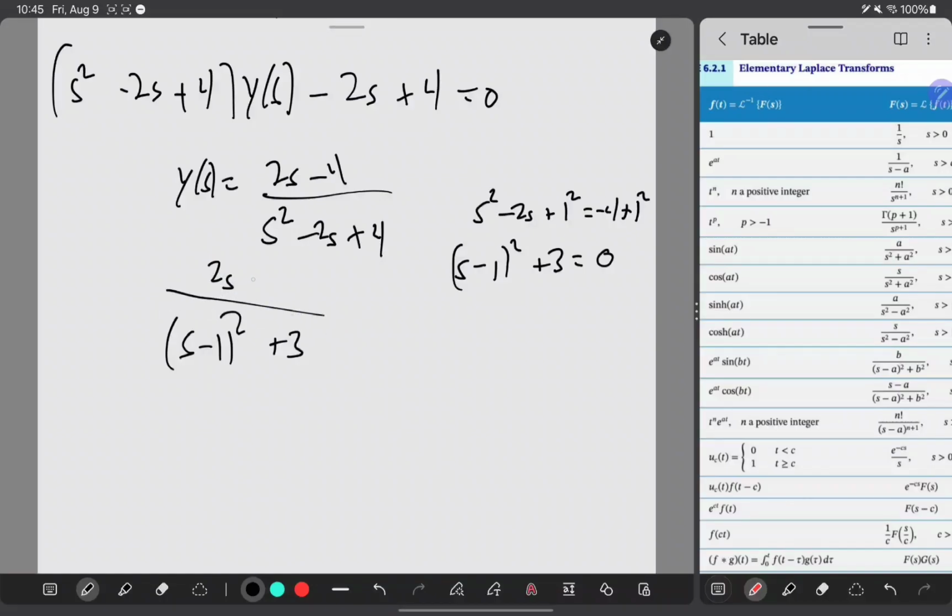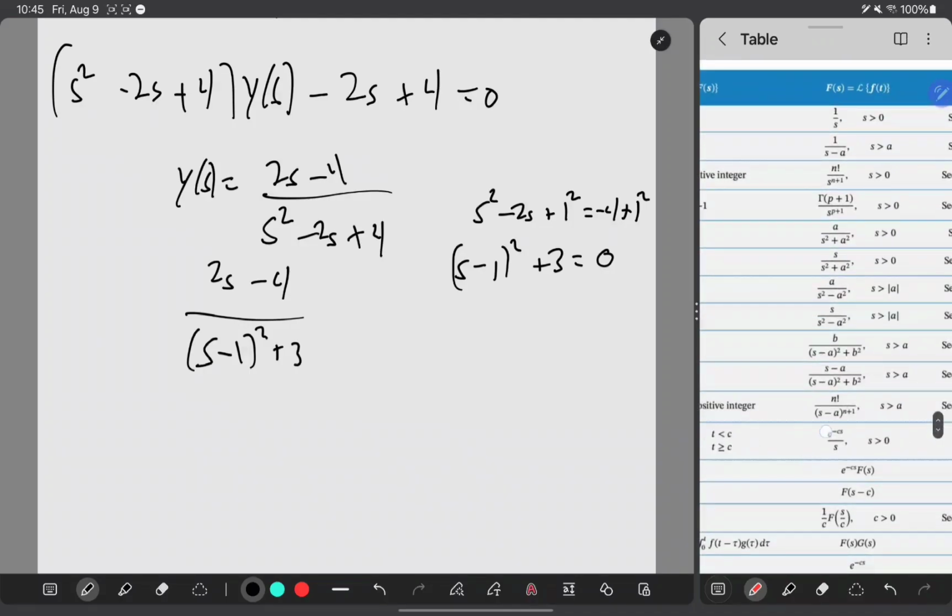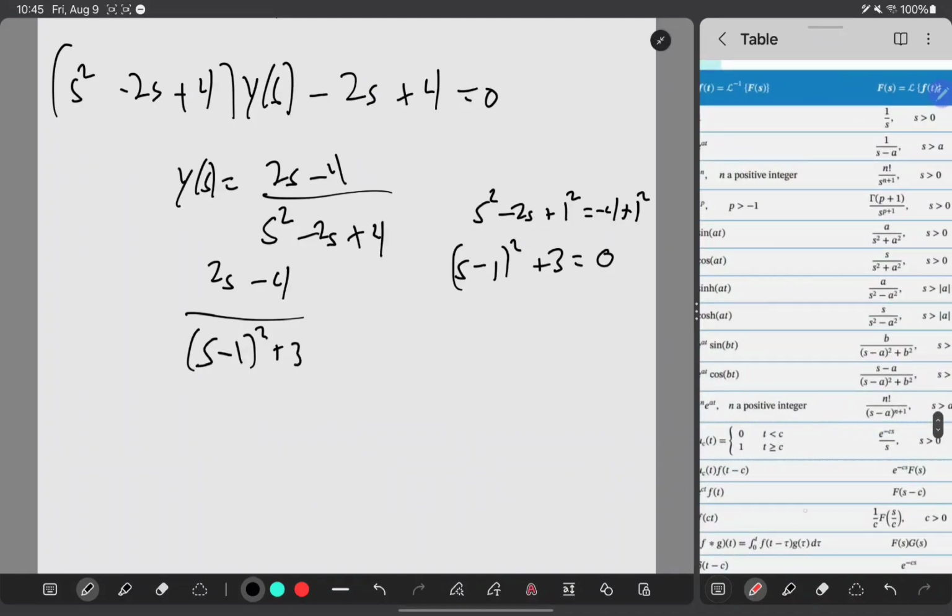This is 2s minus 4. That is really crooked. S minus 1 squared plus 3. Okay. So now if I'm in this situation, this is like the last video, I would need an s minus 1 on the top, right?